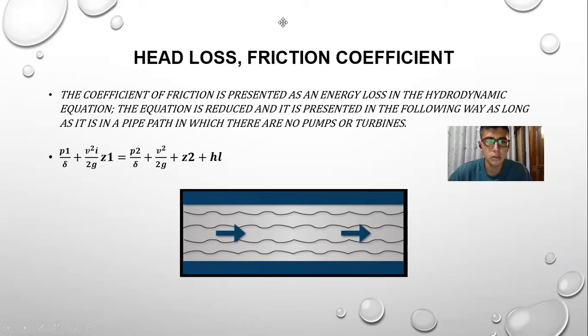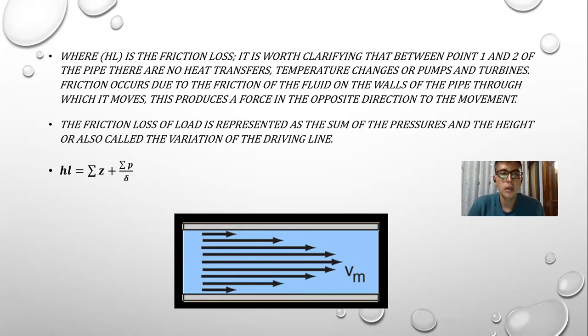This is the equation where hL is the friction loss. It is assumed that between points 1 and 2 of the pipe there are no heat transfers, temperature change, pumps, or turbines.